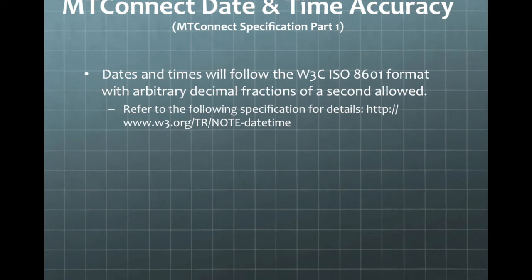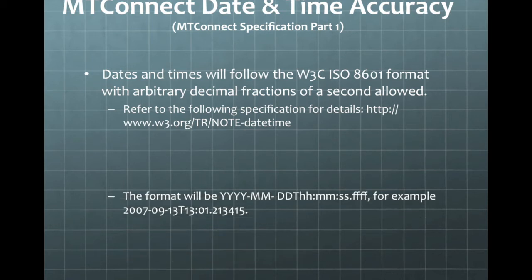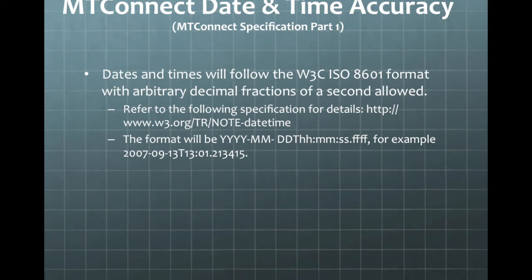There is more detail at this particular URL that you can check out. The format, which is self-explanatory, is years through month, dates, and hours, minutes, seconds, and fractions of a second, for example.